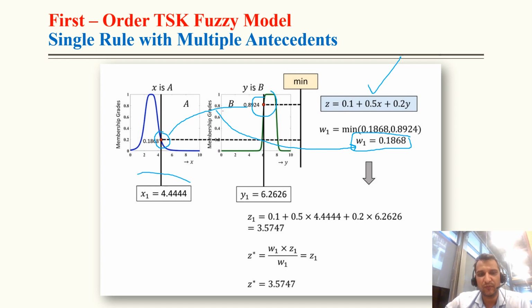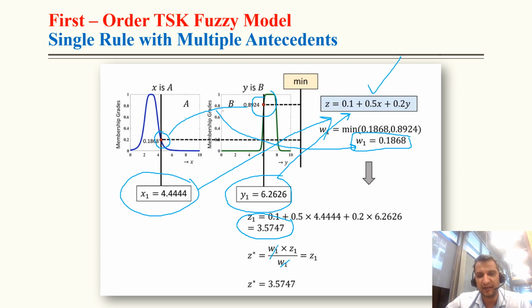So we will put the values of x1 and y1 in this particular equation, and after solving that, we will get z1 is equal to 3.5747. So again apply the same rule, w1 into z1, w1 cancels out w1, so the final value will be equal to z1. So the value of z1 is equal to 3.5747, right?